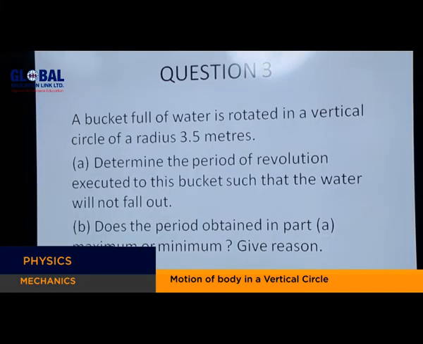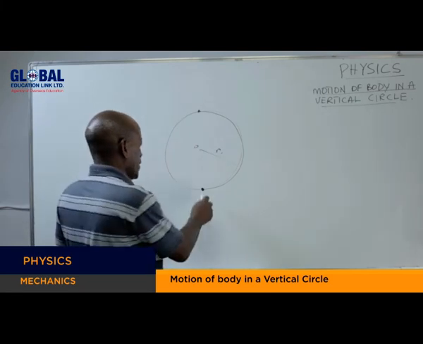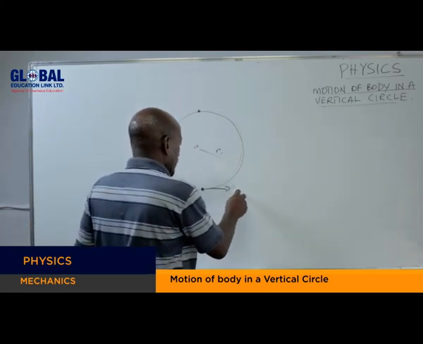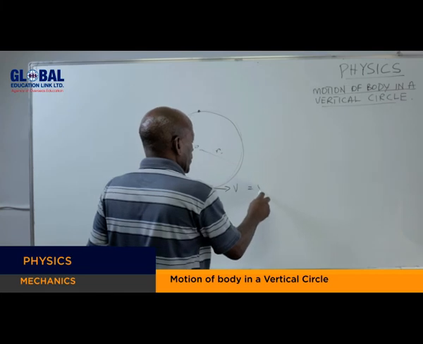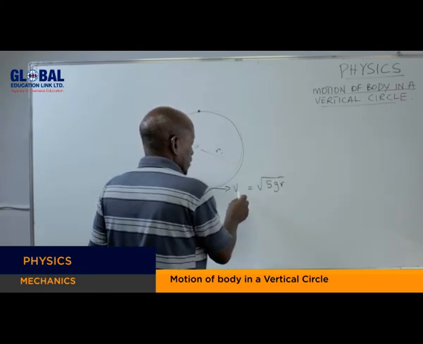So to use this particular minimum velocity whenever it's passing at the bottom, that velocity v is equal to the square root of 5 times g times r.